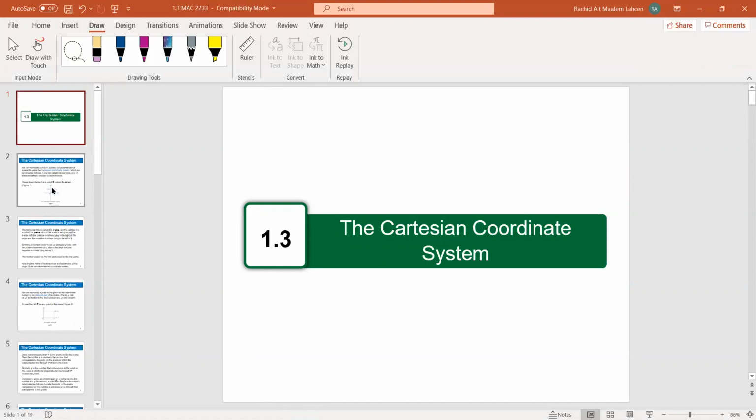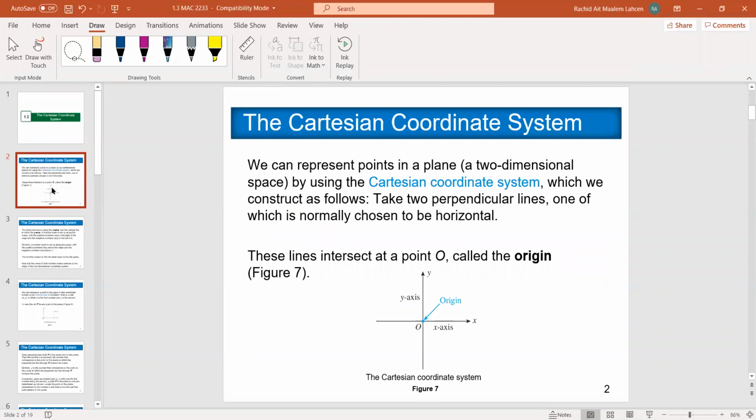So everybody kind of knows the Cartesian coordinate system by Descartes, French mathematician. And we have the origin, we have the x-axis and the y-axis, and the positive side for the x-axis.